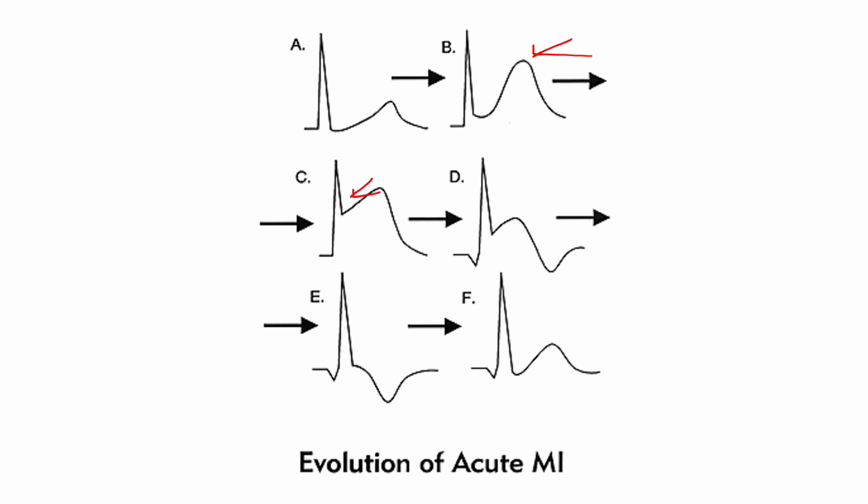Moving on to D, we'll see the development of a pathologic Q wave. You'll see that the ST segment remains elevated, but the T wave begins to invert. Moving on, that Q wave remains. The ST segment goes back to normal, but the T wave remains inverted. And at the completion of the MI, your QRS complex, your ST segment, and your T wave go back to normal, but you continue to have a pathologic Q wave that remains.